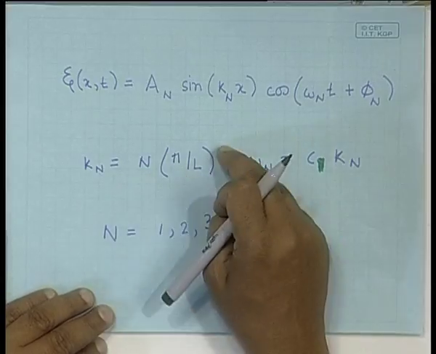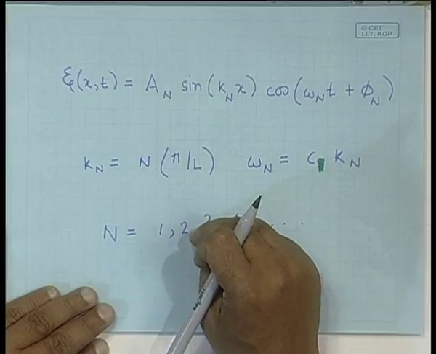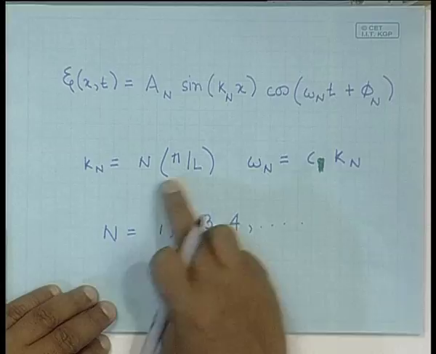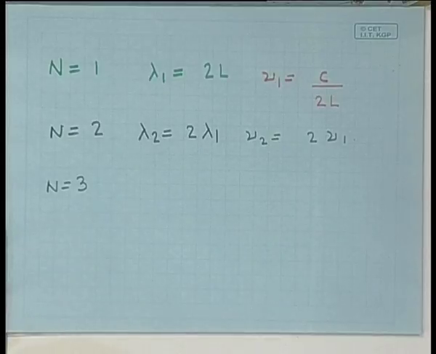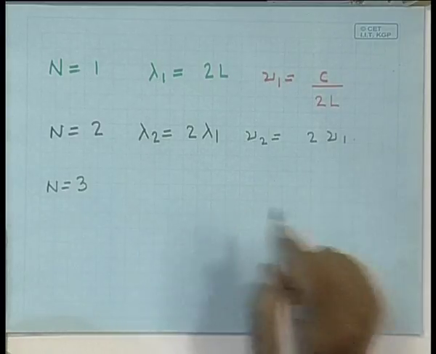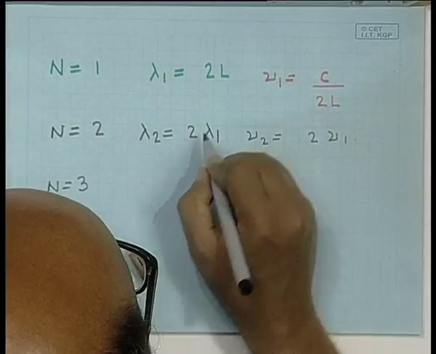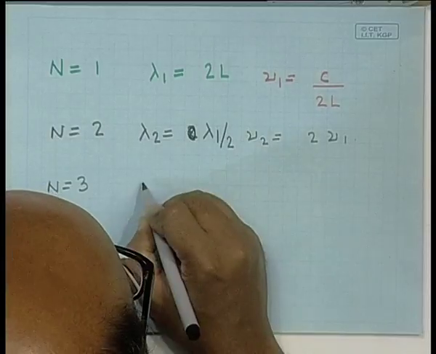So, the wavelength is 2/3 of L. Sorry, this should be lambda 1 divided by 2.